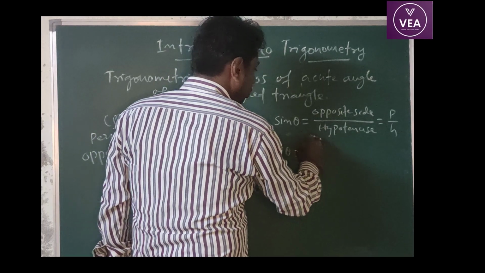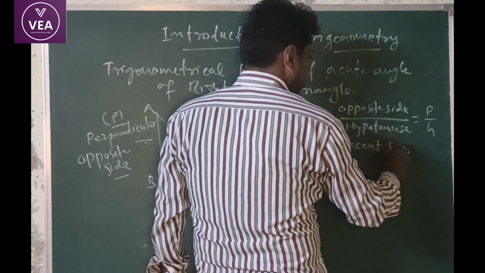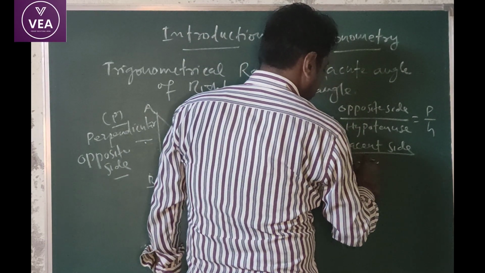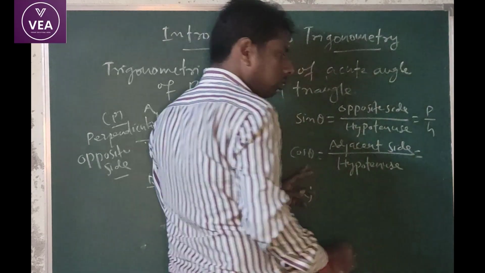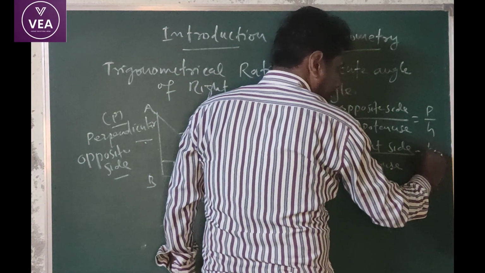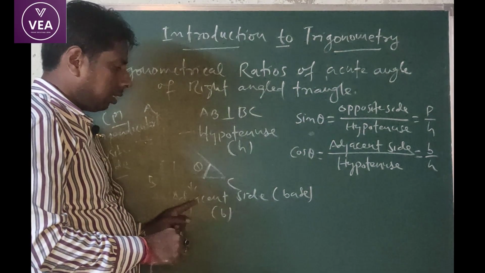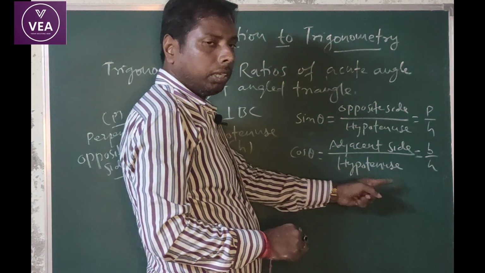Similarly, cos theta equals adjacent side by hypotenuse. So the formula of cos theta will be B by H, because B is the adjacent side, also known as the base, and H is the hypotenuse.